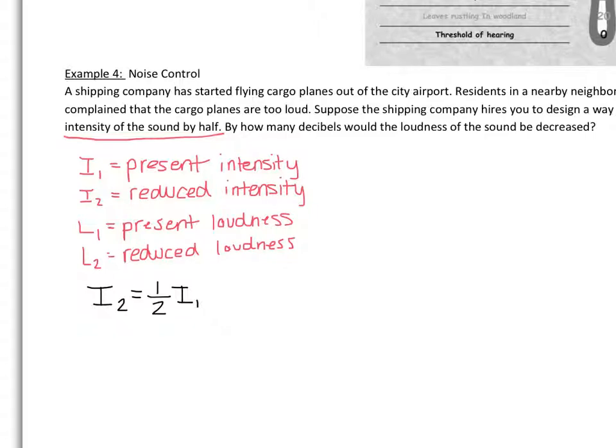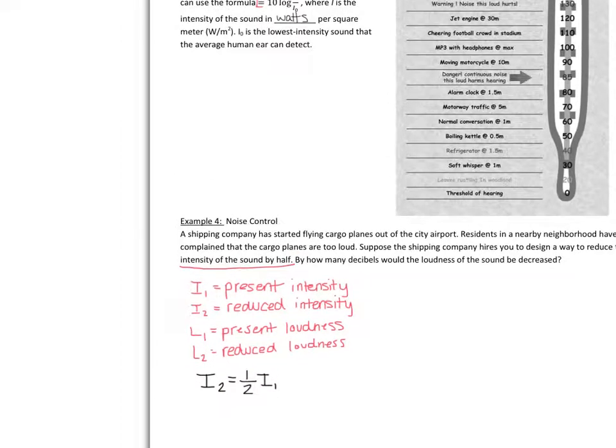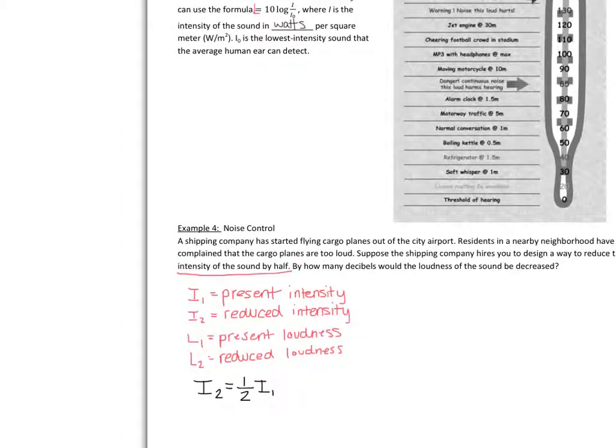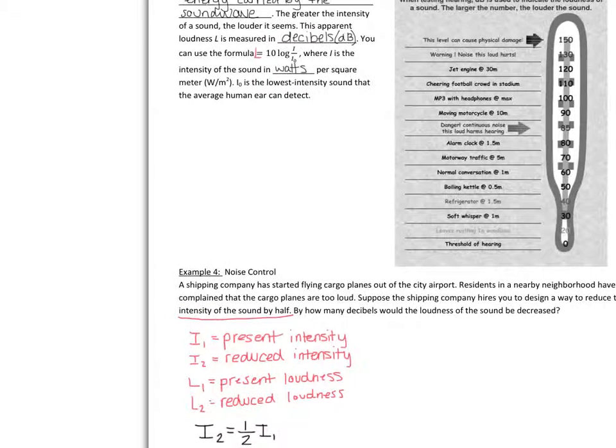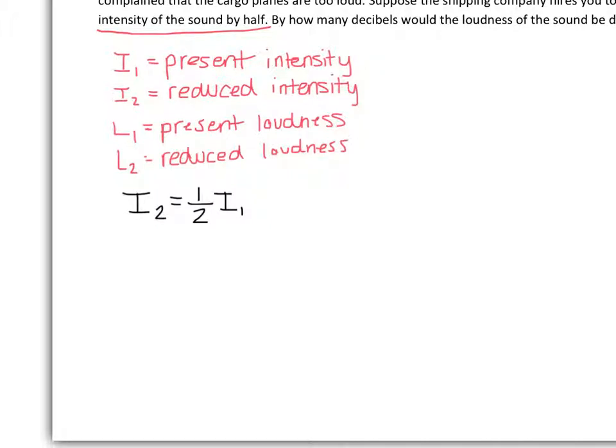Now, remember, they gave us a formula way up at the top of the paper that tells you how to find loudness. Loudness equals 10 log of whatever I we're going for over I naught. So we can make two formulas out of that.